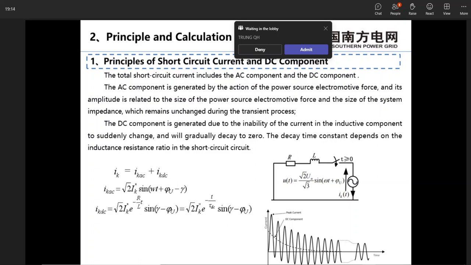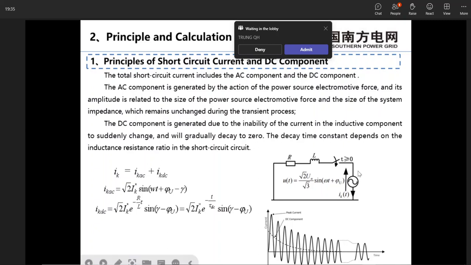The DC component is generated due to the inability of current in the inductive component to suddenly change, and will gradually decay to zero. The decay time constant depends on the inductance resistance ratio in the short circuit.